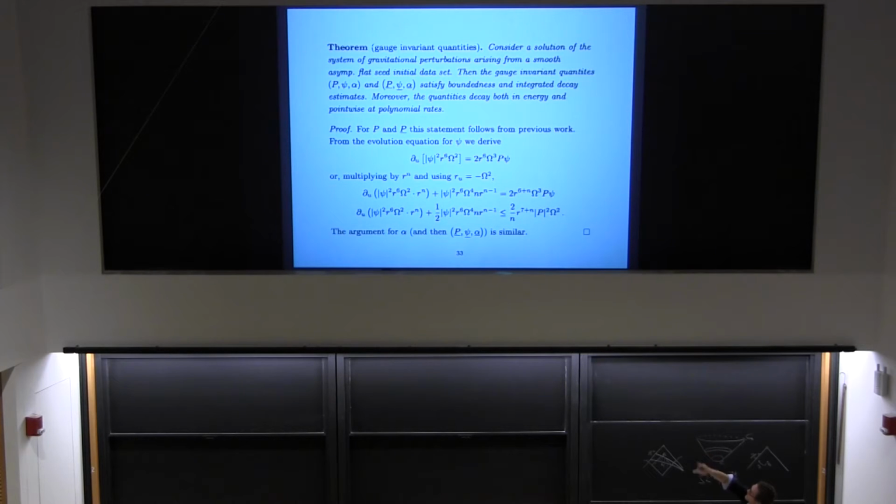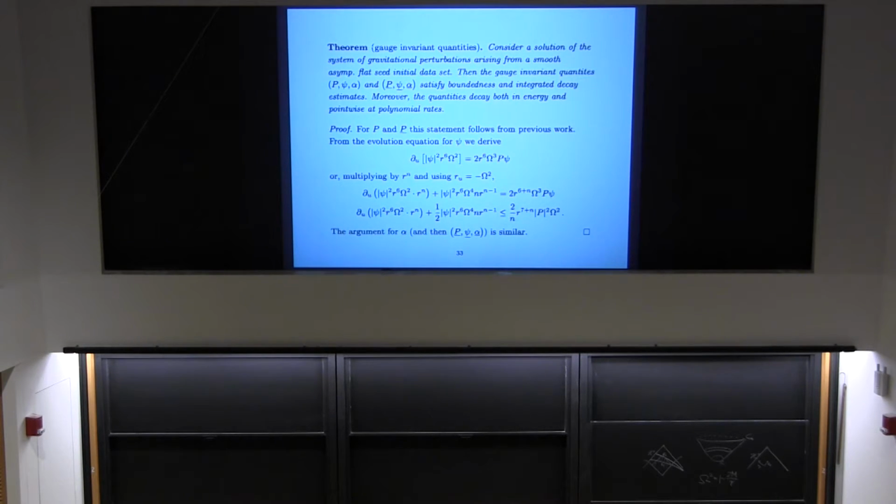The second term on the left is also positive, so you also control this term and the future boundary term here from the right-hand side. And what's the right-hand side? Well, the right-hand side is the space-time integral over p. But I already told you that you have an integrated decay estimate for p, so you're using that you have control there on the right-hand side.